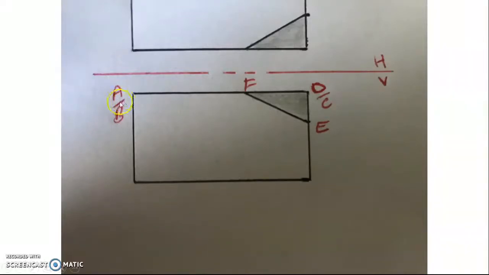So how I have done this is A is in front and B is behind A. So I have put A followed by a slash and then B. Okay, that's F and D to C. Okay, so D is in front and C is behind, and this is E. Okay, so I have labeled all the top corners of this object.